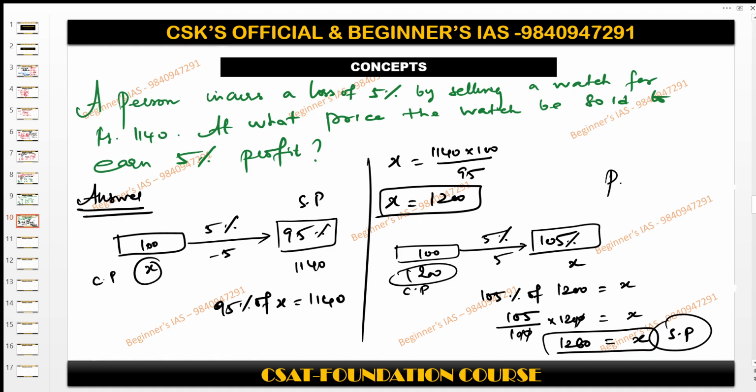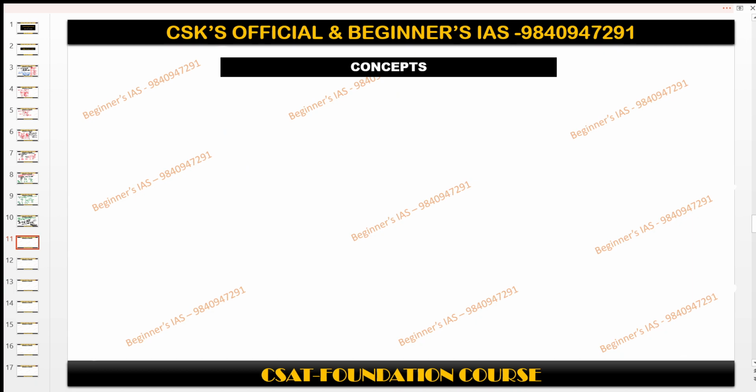This method you can call a PCG method. This method will help you to solve any kind of question without any formula. If you want a formula method, I will teach you the formula method also, so that you will have some idea how to proceed in the examination if you don't know.